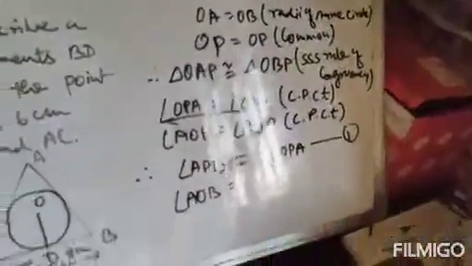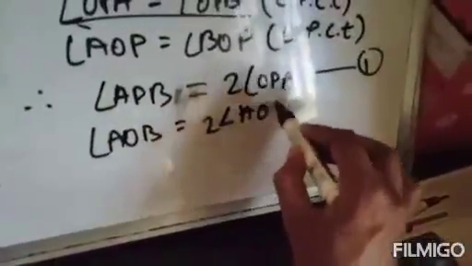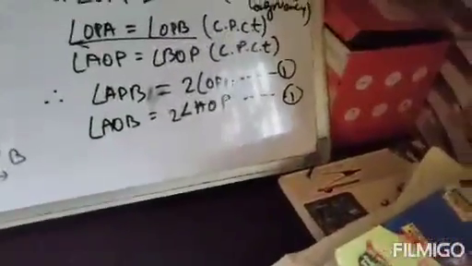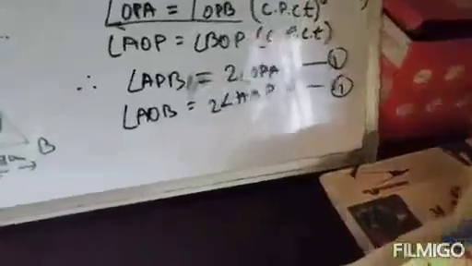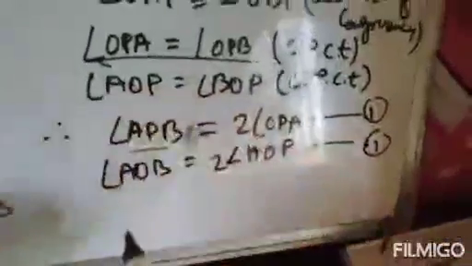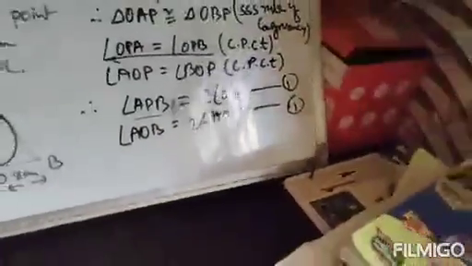So we can say that angle AOB will be equal to twice of angle AOP. On the same logic applied here, angle AOB equals 2 of angle AOP. That is the second equation we have.